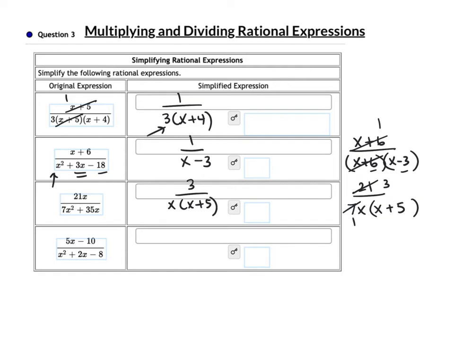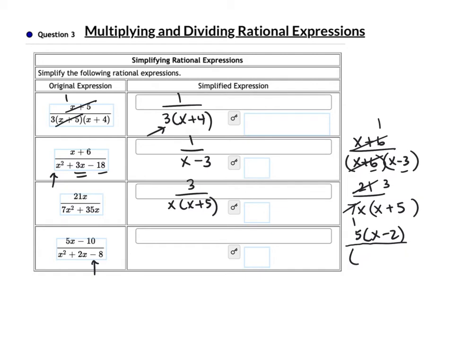And the next one, the numerator has a GCF of 5. 5 times x minus 2. The denominator is a standard form. The signs will be positive and negative because we have a negative 8. Positive and a negative means we're looking for factors of 8 that subtract to 2, which would be 4 and 2.